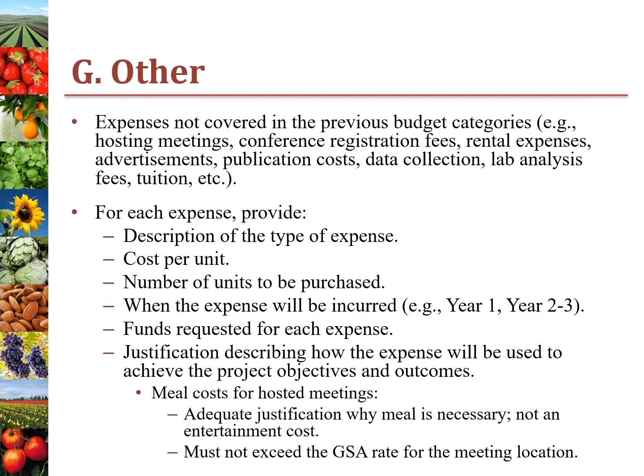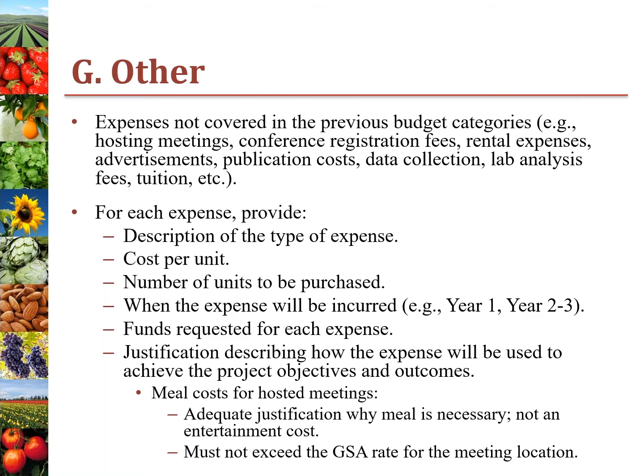In the table provided, enter a description of the expenses, the cost per unit, the number of units to be purchased, when the expenses will be expected, and the funds requested. For each expense listed in the table, provide a justification describing how it will be used to achieve the project objectives and outcomes. Lastly, identify the number from the project objective and work plan template for each expense listed here.